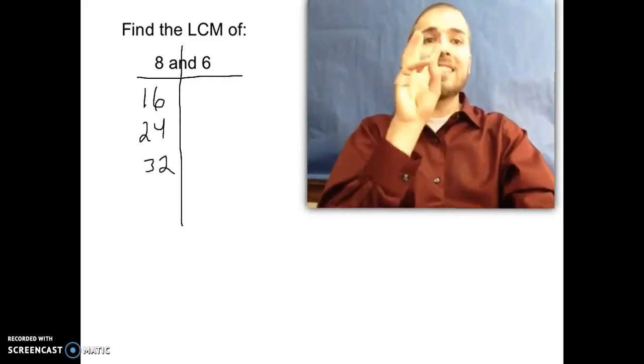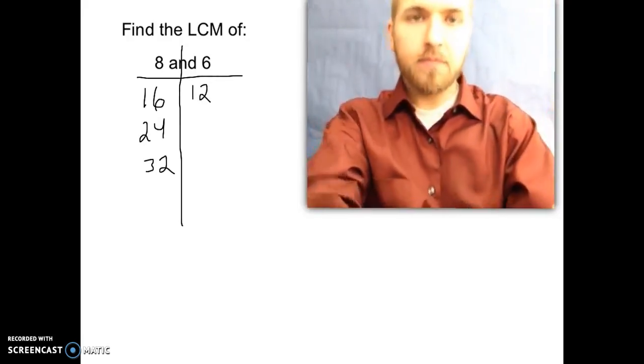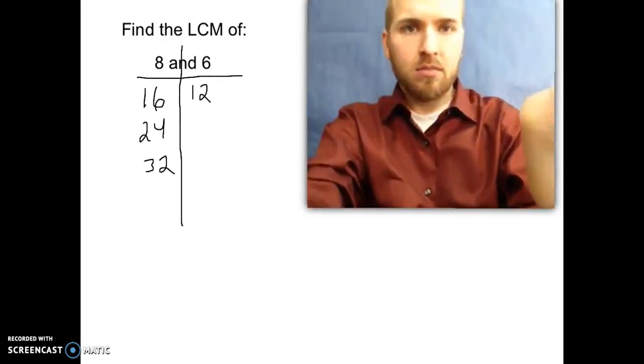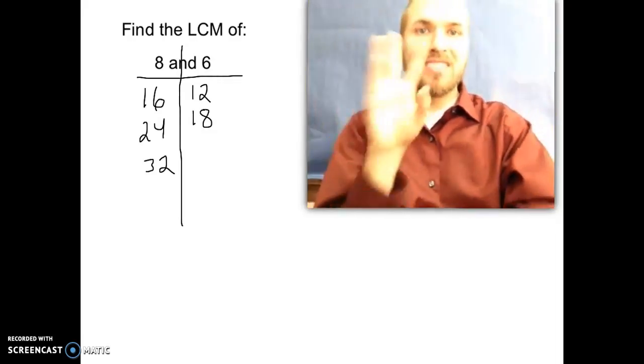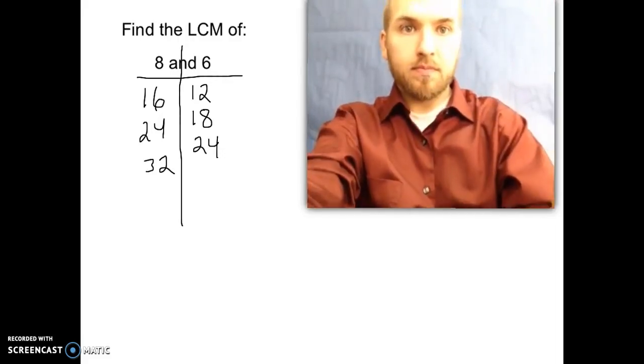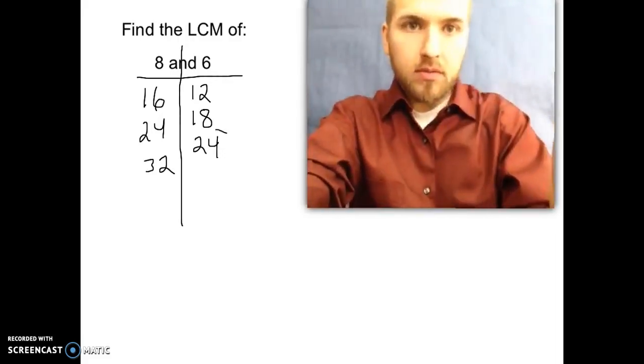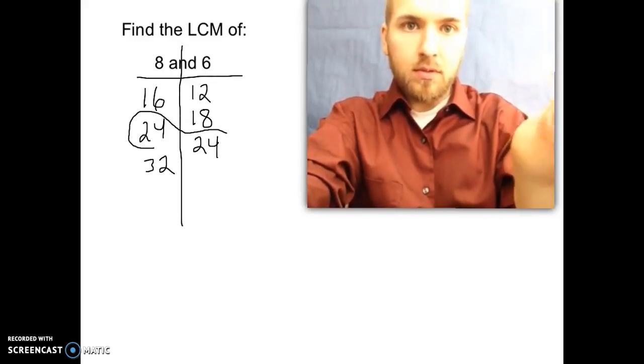All right. So for now we can start moving over to the 6 column. We'll start with 6 times 2, which is 12. 6 times 3 is 18. 6 times 4 is 24. So now you can see that they both have the common number of 24.